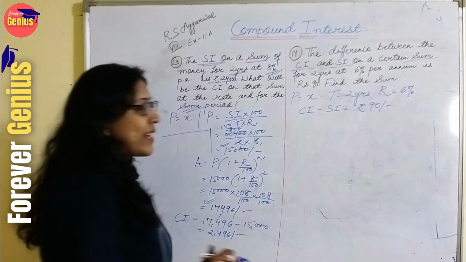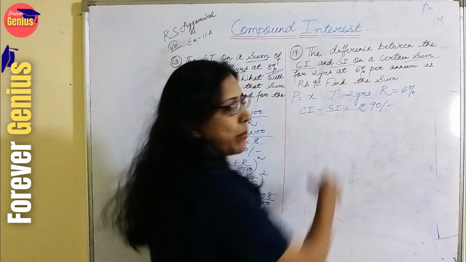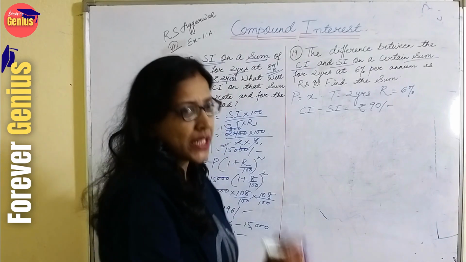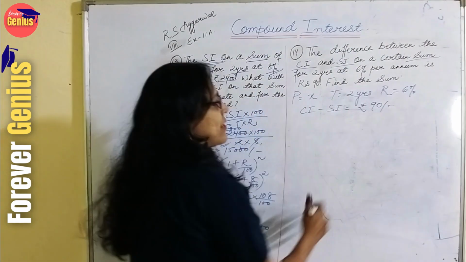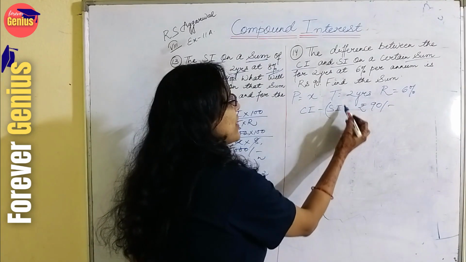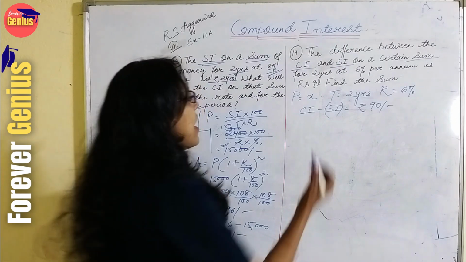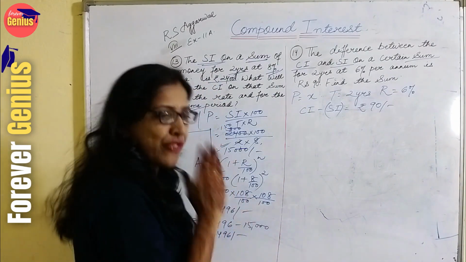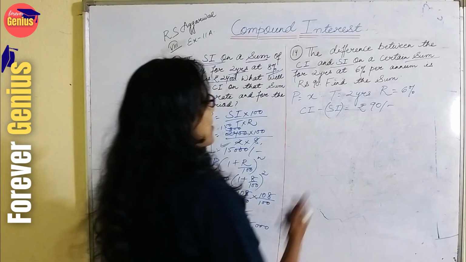See, what has been given to you? The difference between compound interest and simple interest, which is 90 rupees, has been given to you. So how do we proceed first? If in the question the difference is there, it means I have to calculate the simple interest, and after that only I can calculate the compound interest. So the first step should be calculating the simple interest.